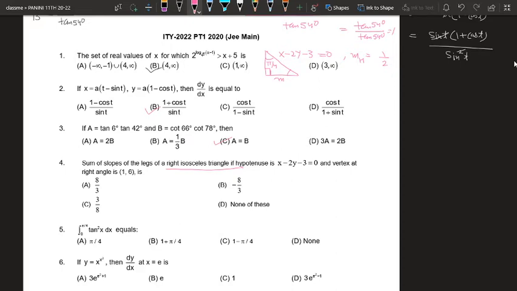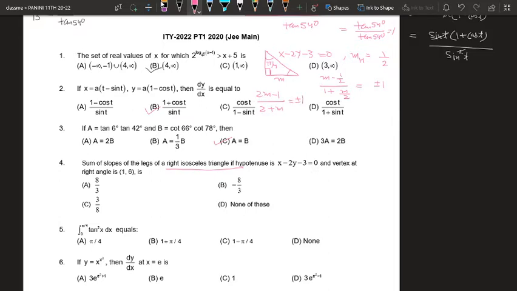If we apply this formula, (m1 minus m2) divided by (1 plus m1 m2), this is equal to tan 45 with plus minus sign, say plus minus 1, that is (2m minus 1) divided by (2 plus m) is equal to plus minus 1.